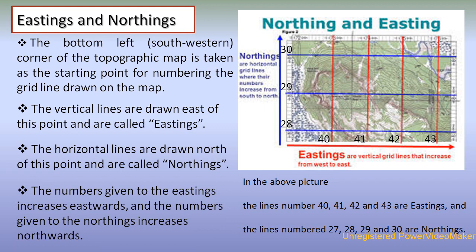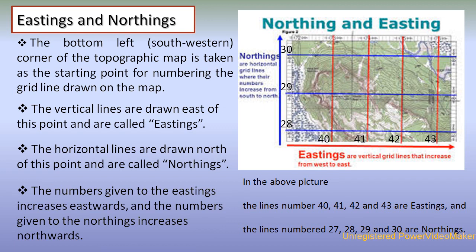Just see the picture; once again we will rewind all those things. The lines which you find in red are the eastings, and the lines in blue are the northings.